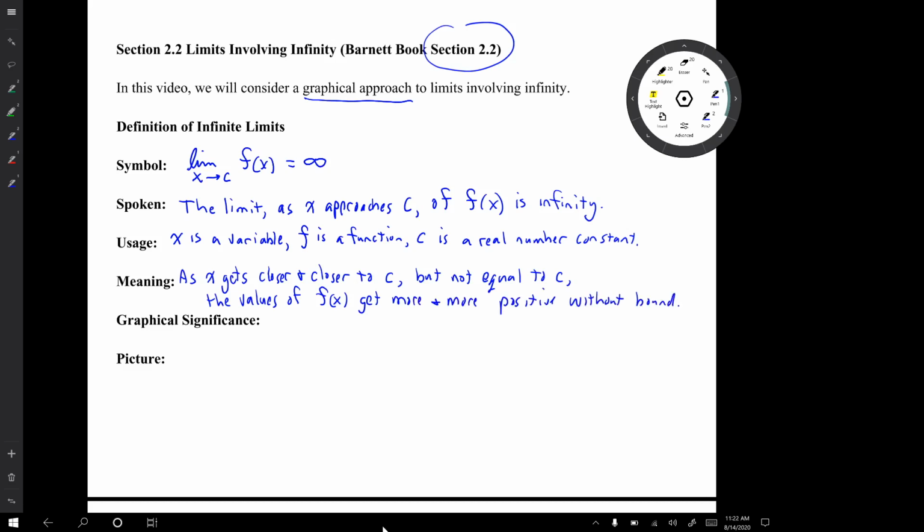Now, what is the graphical significance of this? Well, I'll skip that and I'll start by drawing a picture of this kind of situation. Here's an example of a graph that has this kind of behavior.